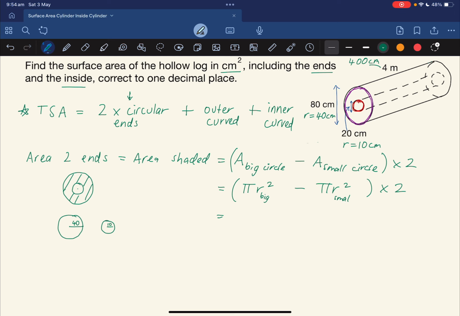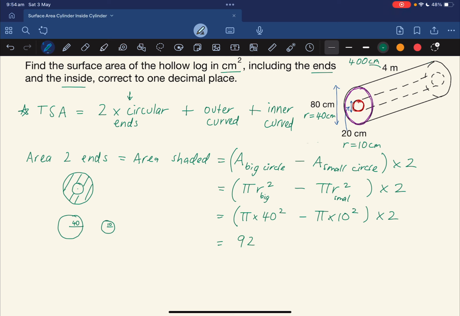And we're just going to take them away. So let's go pi times 40 squared, take pi times 10 squared times 2. We could probably simplify it a bit, but not today. Pi times 40 squared, take pi times 10 squared, all in brackets, times 2.